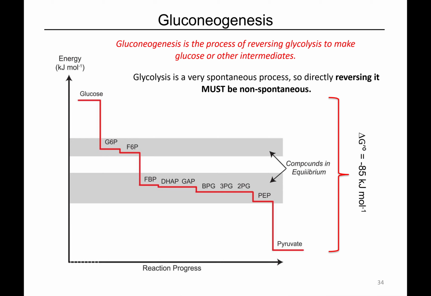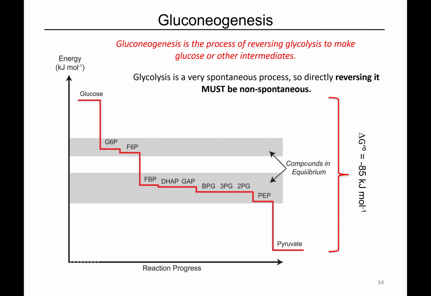All right, so gluconeogenesis is the reverse of glycolysis. As the name suggests, it is the synthesis, the creation of new glucose. And the only way that new glucose is made is by reversing glycolysis. So if we think about what we need to do to reverse glycolysis, we have to overcome the exergonic steps, right?